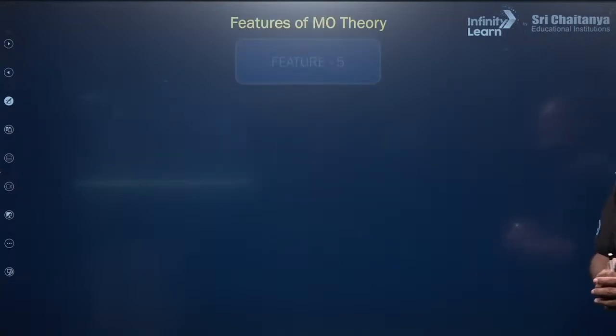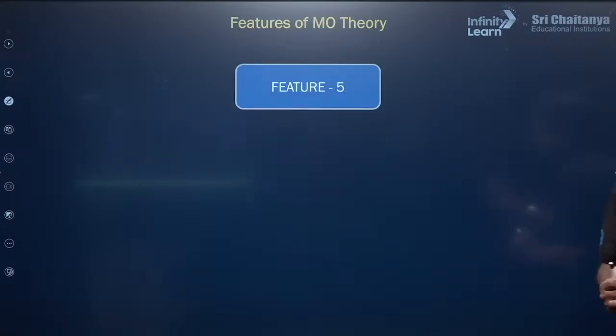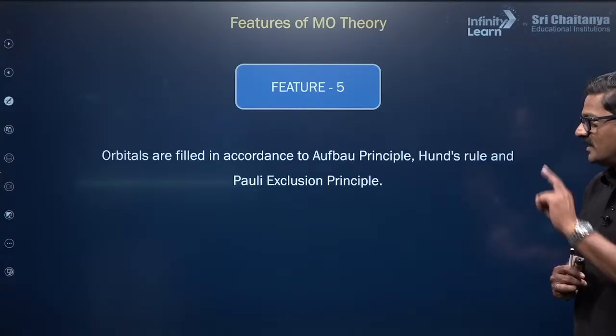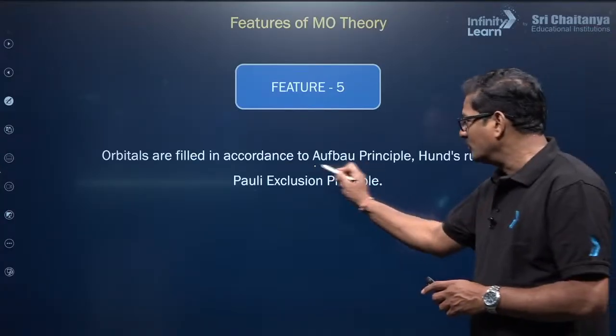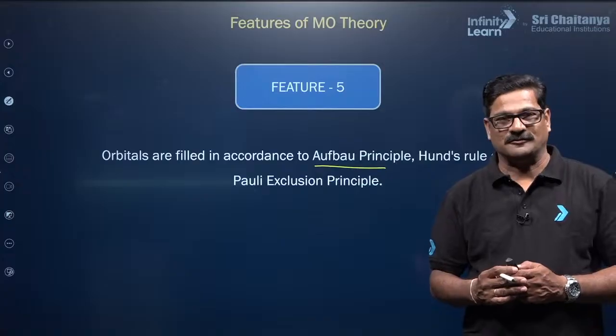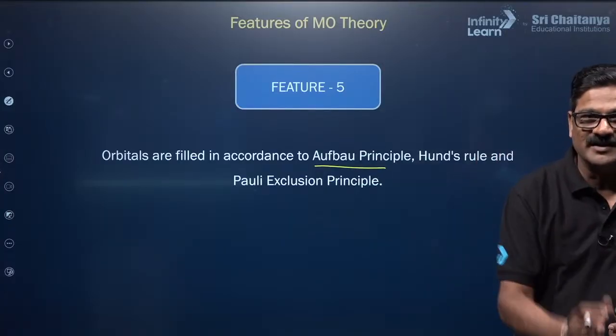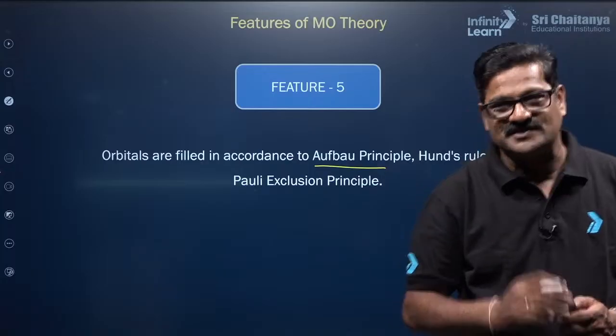Features of molecular orbital theory: so far I have given 4 features. Feature 5: orbitals are filled according to the Aufbau rule. What does the Aufbau rule say? Electrons are filled in the orbitals in increasing order of their energies.